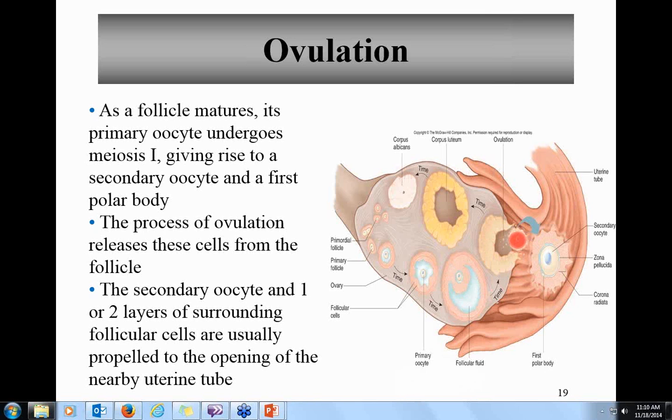And the oocyte will be taken in by the uterine tubes, or the fallopian tubes, same structure, and sent to the uterus. Now the follicular tissue will form a structure called the corpus luteum, a very important hormone-secreting structure in female reproduction, and we'll talk about that more when we talk about female hormones.